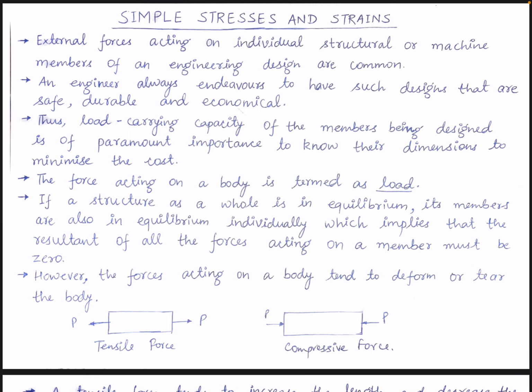Stress is the resistance per unit area, and it has the unit of pressure, same as pressure, but pressure is a scalar quantity, whereas stress is a tensor quantity. Okay, so pressure will always be external and stress will always be internal.